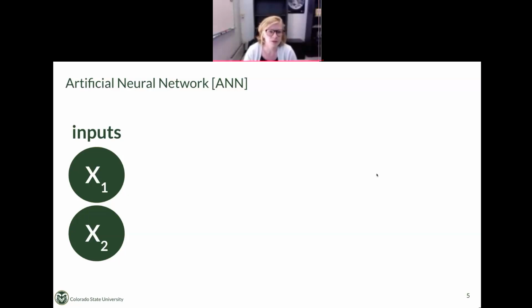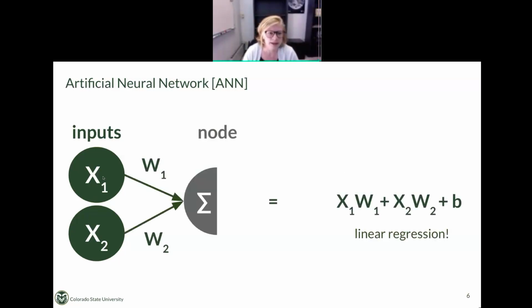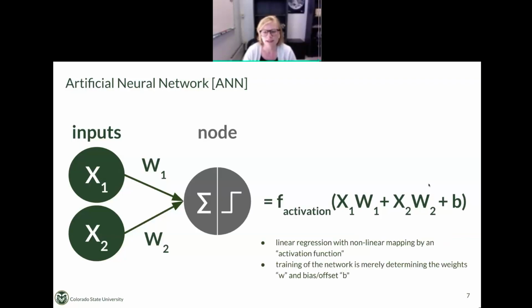An artificial neural network takes inputs, which in this example are x1 and x2, multiplies them by weights, w1 and w2, and sums them in what's referred to as a node. So far, you can see on the right side of this equation that this is just multilinear regression. But what makes an artificial neural network more than multilinear regression is this activation function.